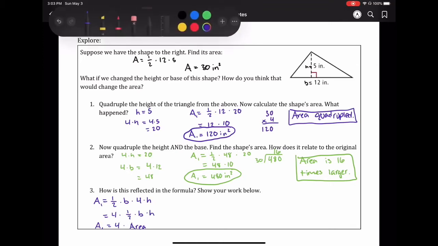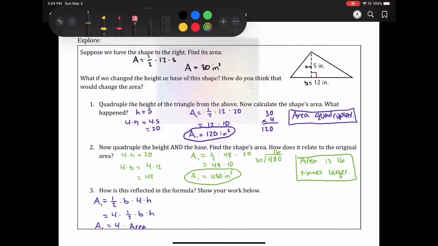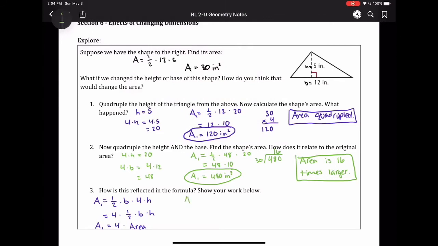All right, now let's try with our shape where we changed two sides. When you change both the base and the height, in your formula, what you're really doing is area is equal to 1/2 times 4 times the base, because we quadrupled the base, and 4 times the height, because we quadrupled the height. Again, doing the commutative property, I can take those 4s and put them out front.